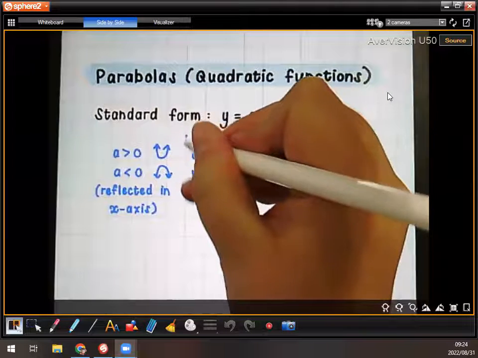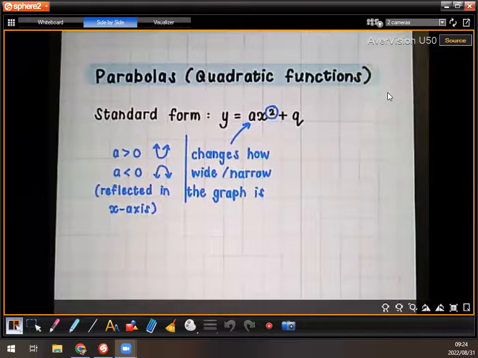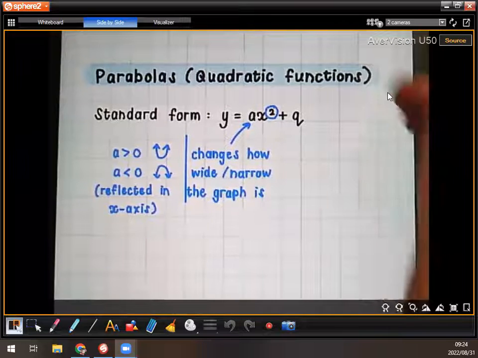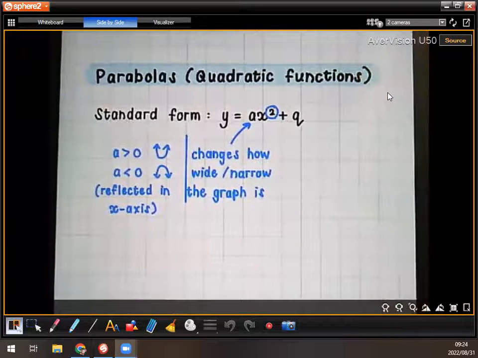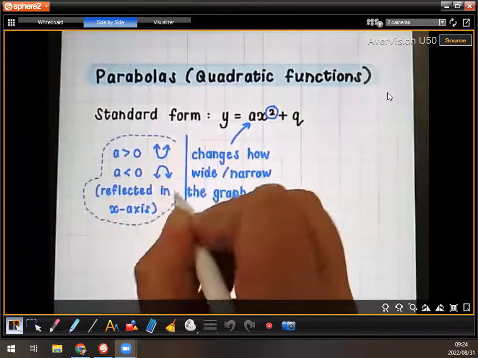Sorry, so these are 2 separate things, okay? I'm going to move it a little bit more to the side.